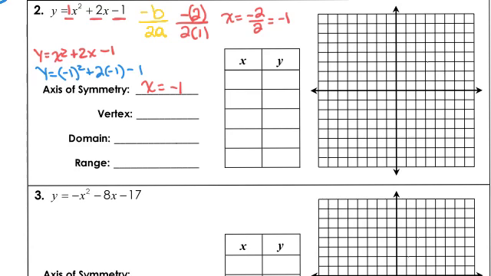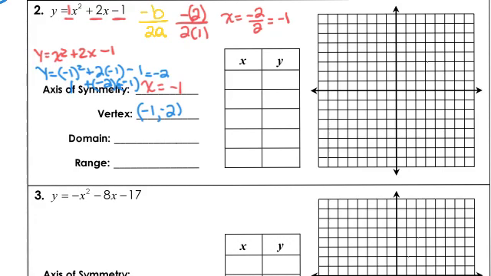Now solve for the y. We know that x will be -1, but what is the y value for that spot, that minimum? -1 squared is 1, plus 2 times -1 is -2, minus 1. So this is like adding a negative. So we have -2 and -1 is -3, plus 1 is -2.